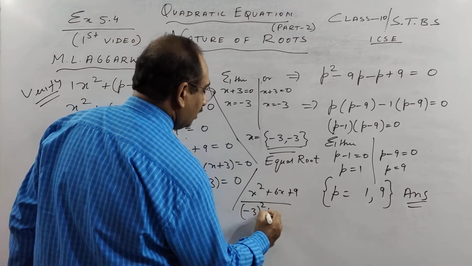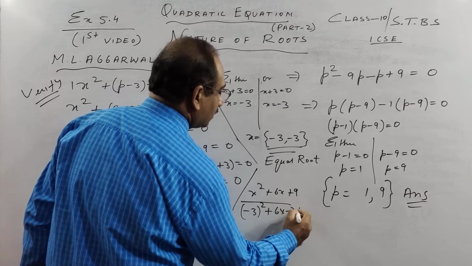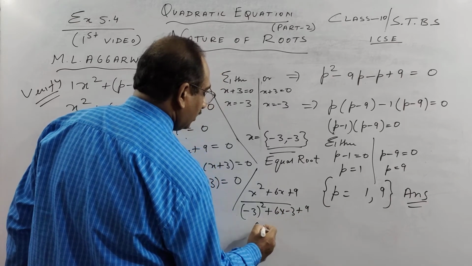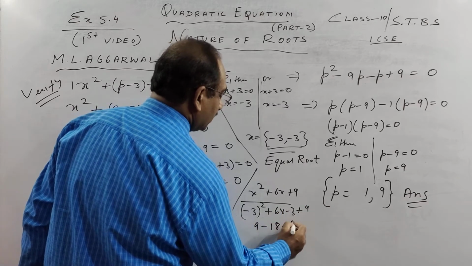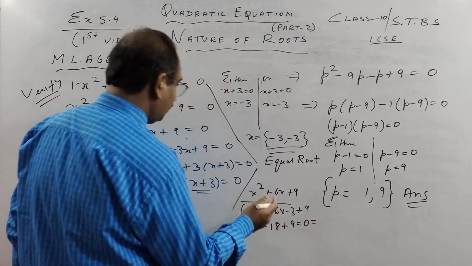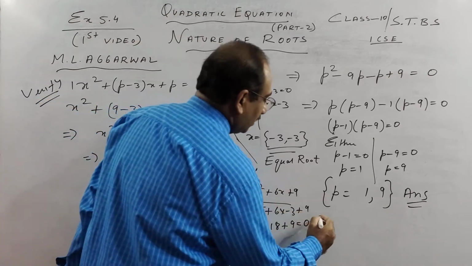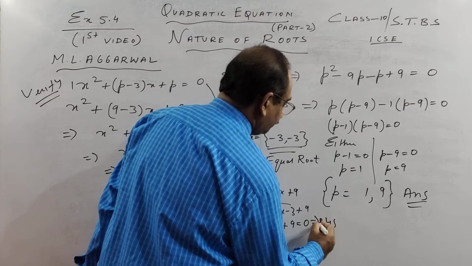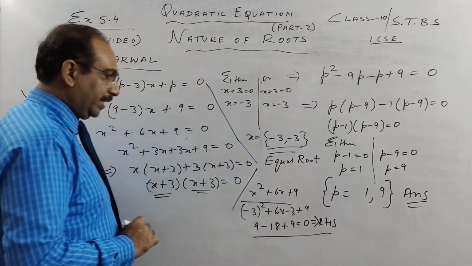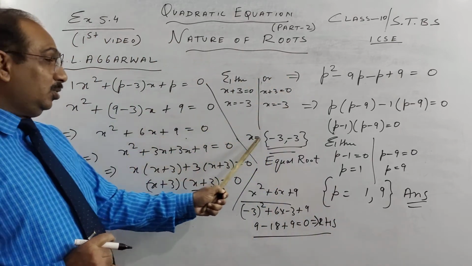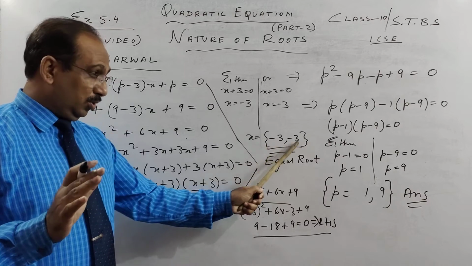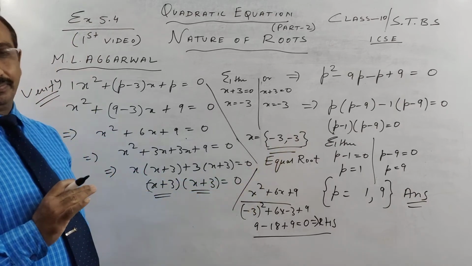Minus 3 square, 6 into minus 3 plus 9. What do we get, children? 9 minus 18 plus 9, which is 0, which is your RHS. So my answer is correct. If you put minus 3, we have the same root, 2 equal roots.